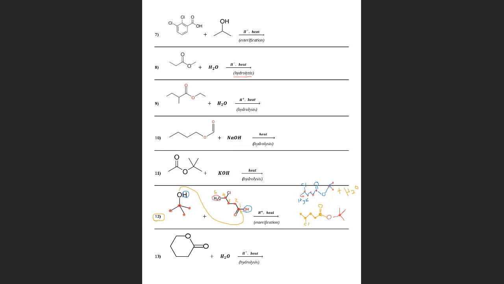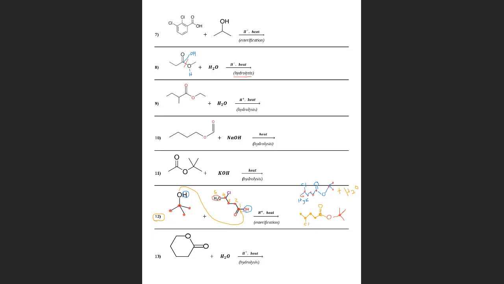We're going to do something similar, except instead I'm going to cut this in 2 pieces, like this. And I'm going to add a hydrogen to the less important side, and I'm going to add an OH to the more important side, the one with the carbonyl. And that will give me my alcohol and my carboxylic acid.